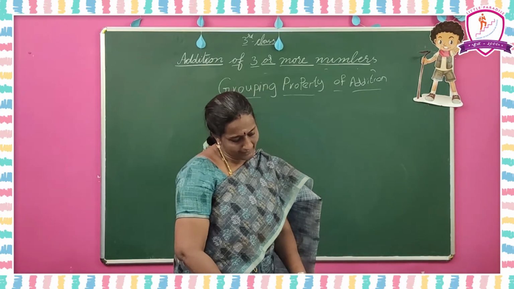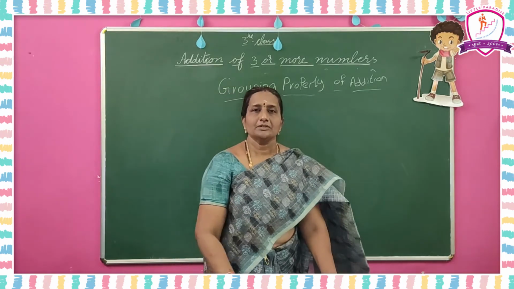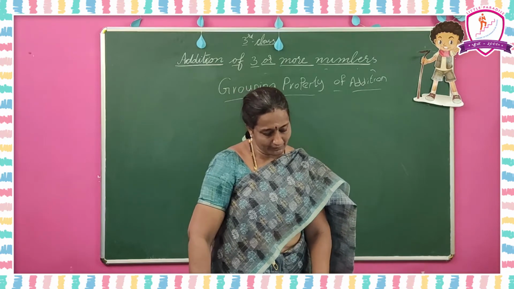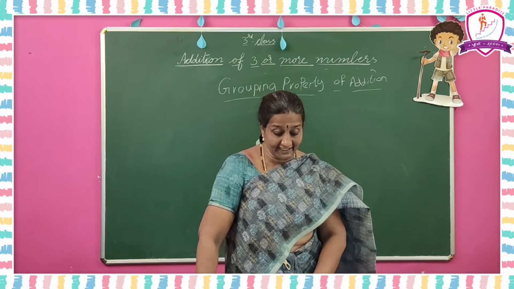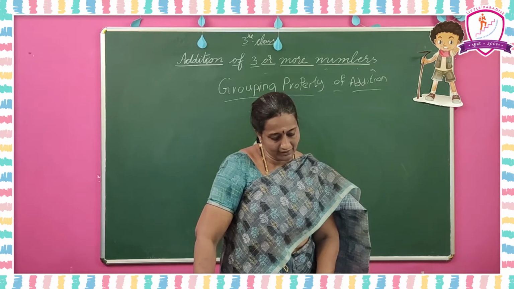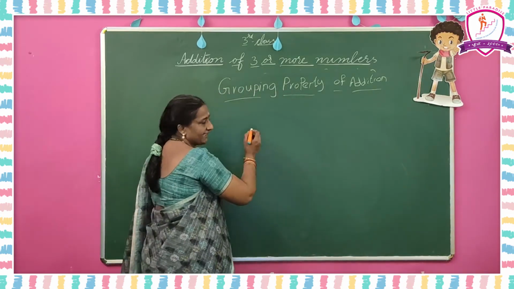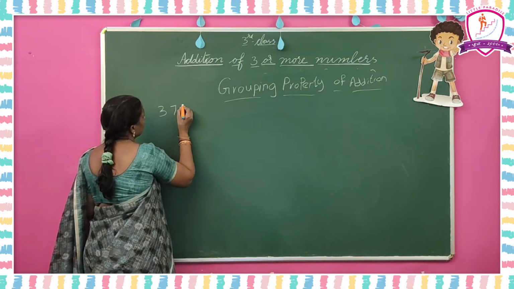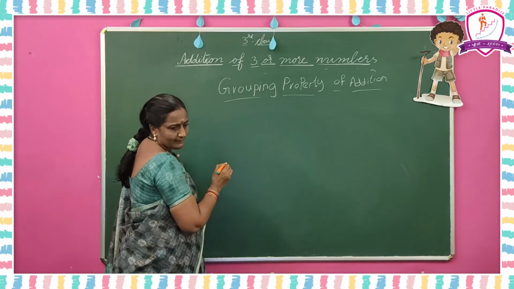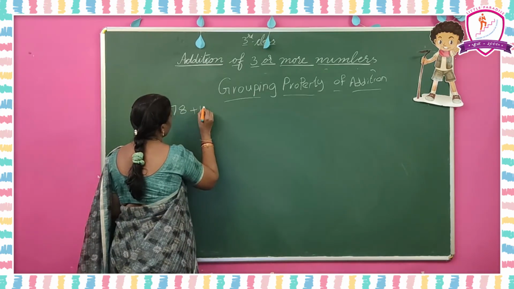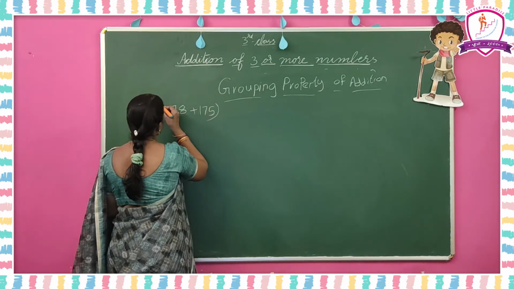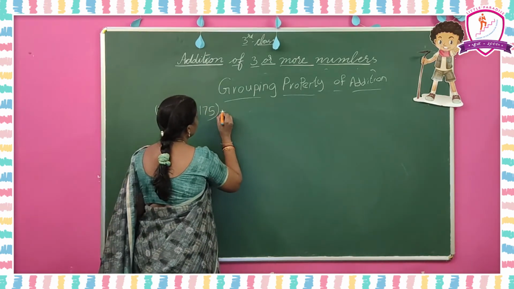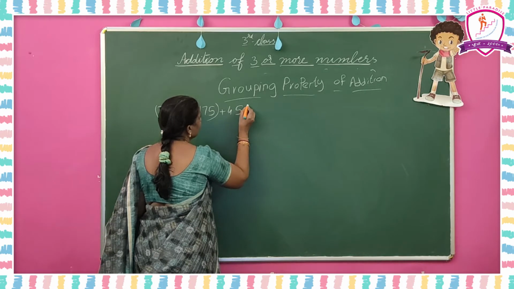Okay, look here, one example is there and we discuss about that. We can group and add these numbers in 3 different ways as shown. Okay, let us see the examples. 378 plus 175, group these 2 numbers, plus 456.